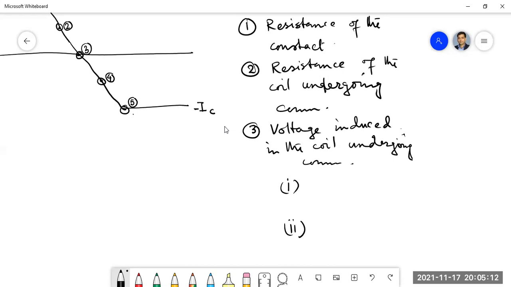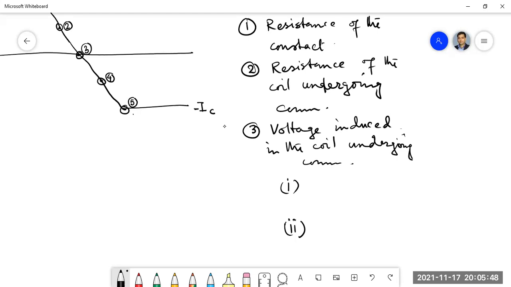So you are saying that if there is some finite flux value in the commutation zone, then some voltage can be induced, isn't it? Whether that happens because of armature reaction or something else comes later, but if there is some flux present in the commutation zone and the coil undergoing commutation is cutting or linking that flux, then there will be some voltage induced.